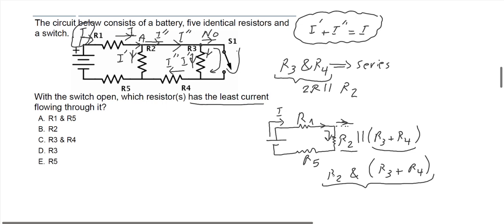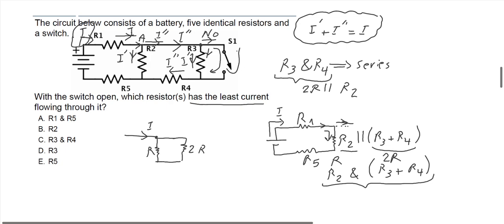Which one of these two, R2 or the combination of R3 and R4, would get the higher share or the lower share of current? As they're all equal resistors, R2 has the value of R, and R3 plus R4 again has the value of R each, which if we add them together will be 2R. So current I reaches a point that has to decide between R and 2R.